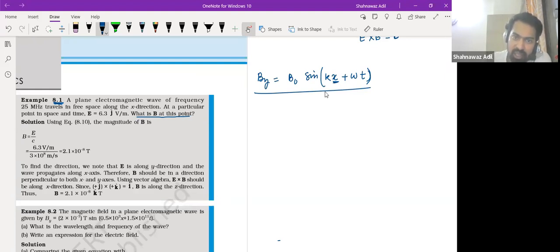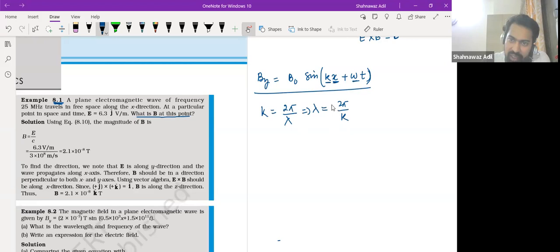Good. So you wrote J, Mariam. No, this is I. Good. Now, what is the wavelength and frequency of the wave? Angular frequency is given, and wave vector is given. So we have to find the wavelength, lambda, that would be 2 pi by k.